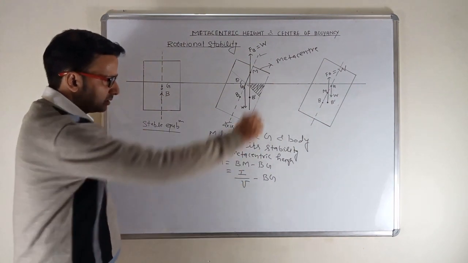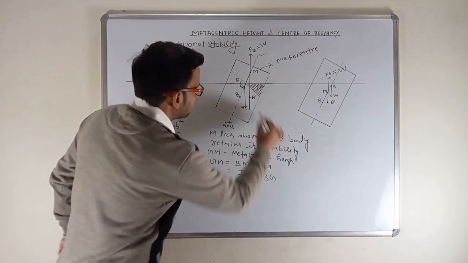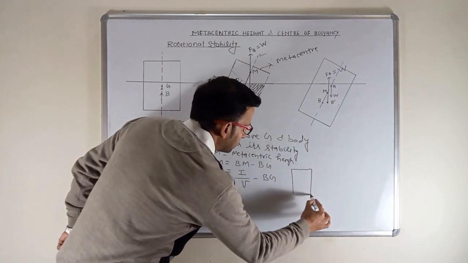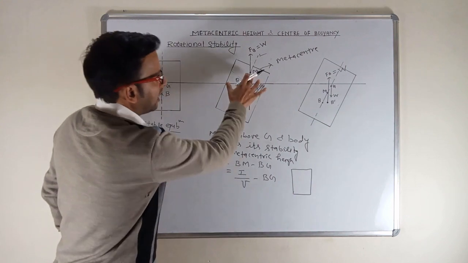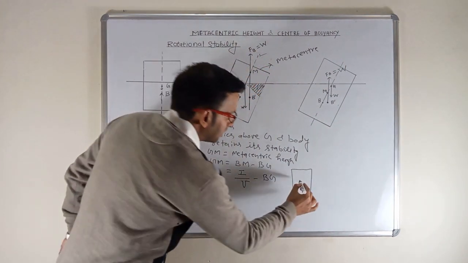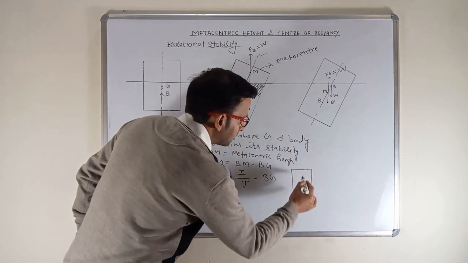You didn't get the point? I will explain. If I draw the plan of this floating body, I get a plan like this, and this is the center of gravity.